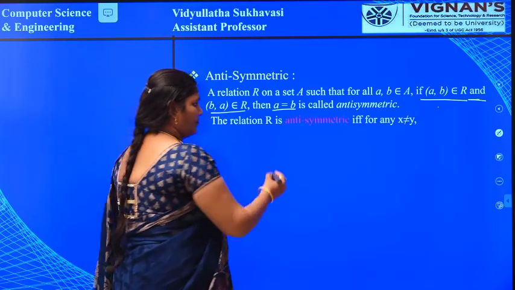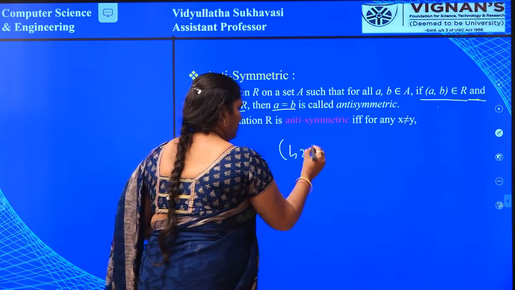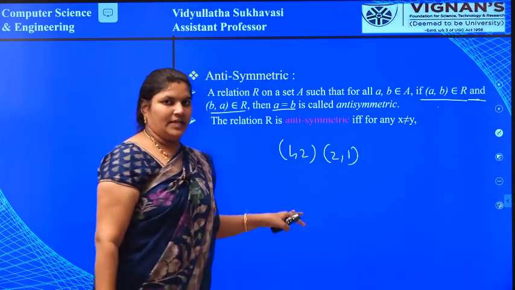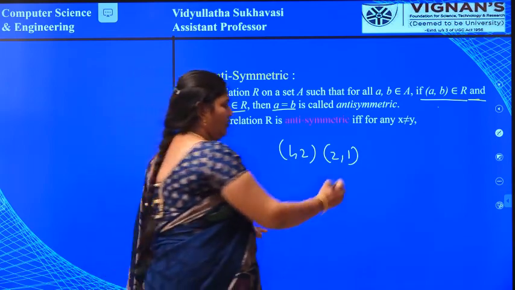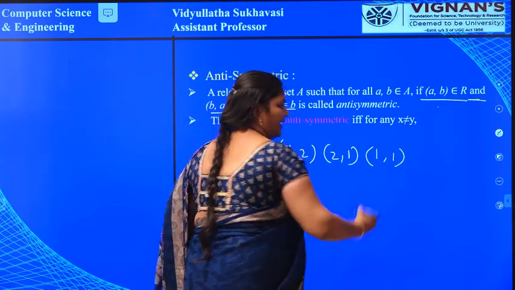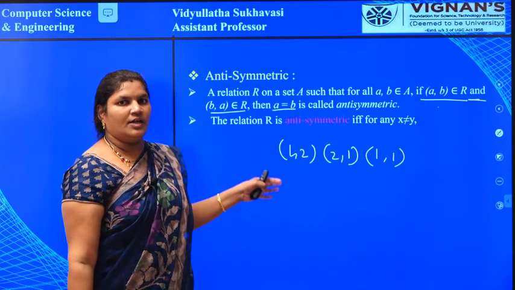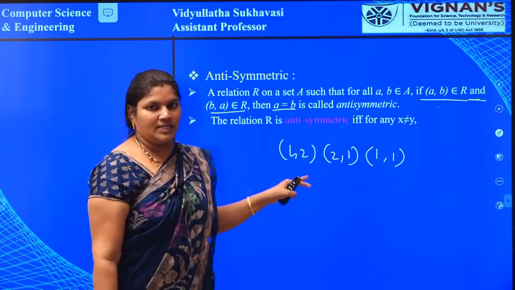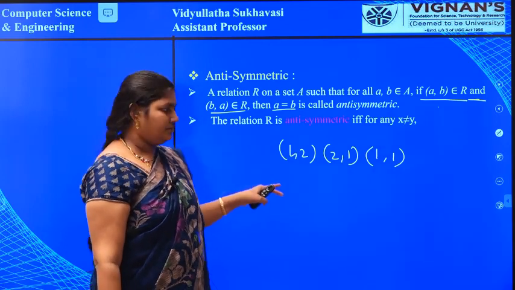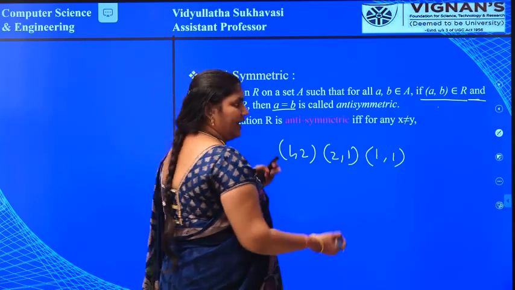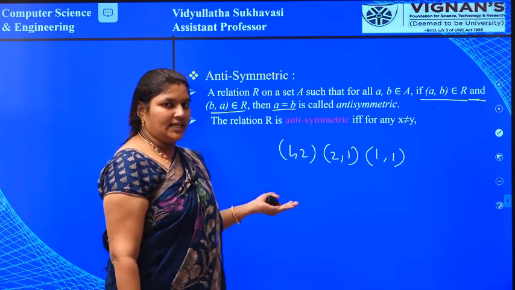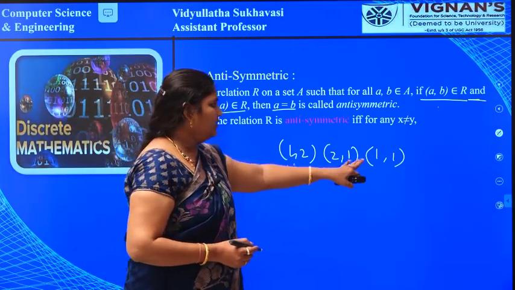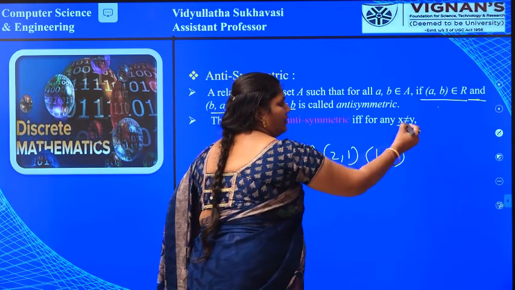That means 1 comma 2, 2 comma 1 should be there, and along with this 1 comma 1 also should be there in the relation R. Then only we can say that it is antisymmetric. Otherwise, we will not say it is antisymmetric. In another case, if 1 comma 2 exists in the relation and 2 comma 1 also exists in the relation, then x not equal to y.